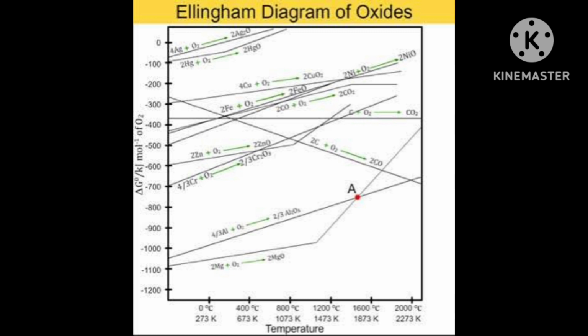there is a point in a curve below which delta G is negative. Very important point. There is a point in a curve below which delta G is negative.